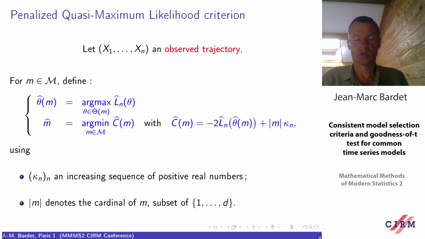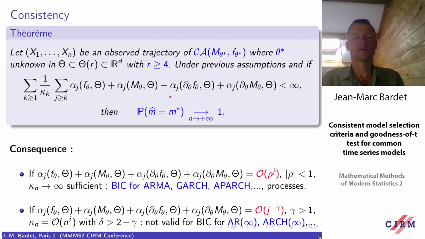Okay, so using this criterion, we could recognize the true model when there exists a true model.